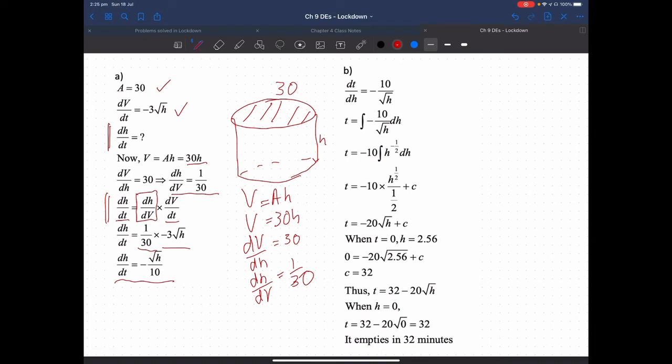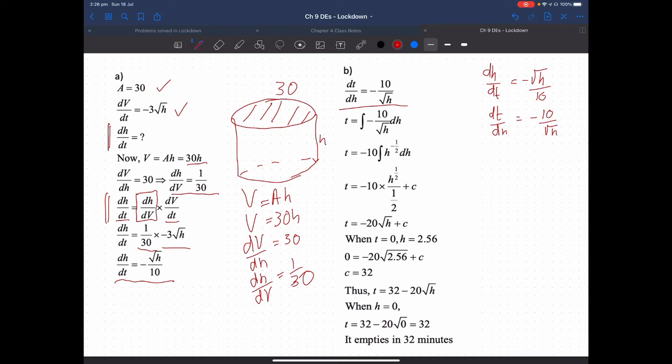In part A, we came up with a relationship dh/dt is equal to negative root h on 10. Taking the reciprocal of both sides, dt/dh equals negative 10 on root h. So we now have an expression that we can anti-differentiate with respect to h.